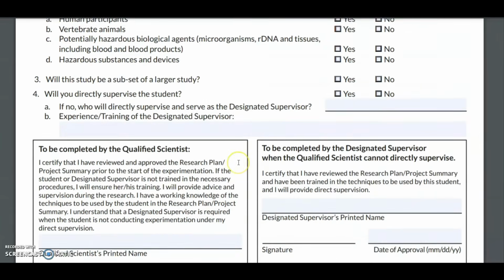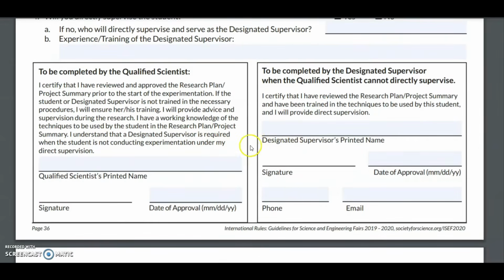And below, there are 2 boxes here, as you can see. The left side is to be completed by the qualified scientist. The right side should be completed only by the designated supervisor when the qualified scientist cannot directly supervise the student researcher.